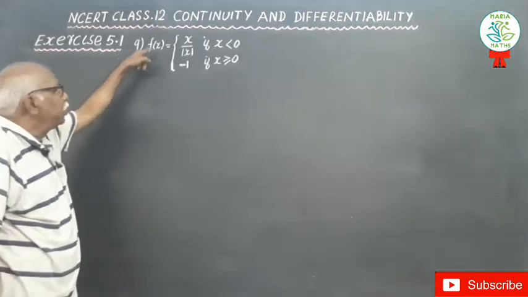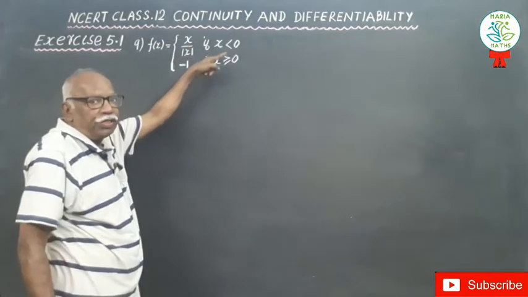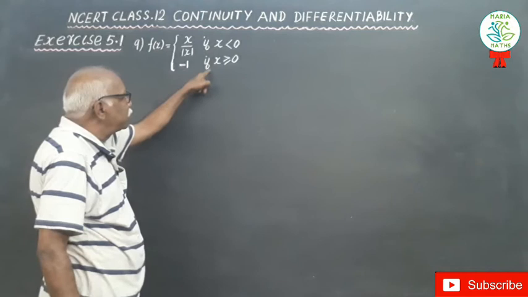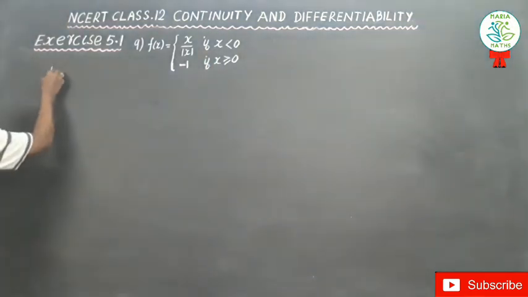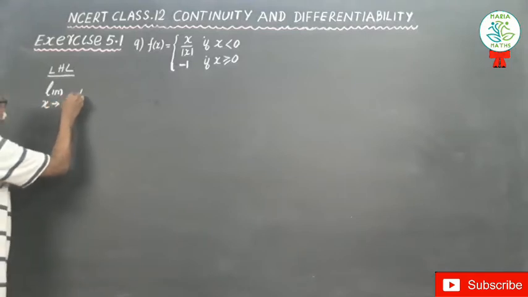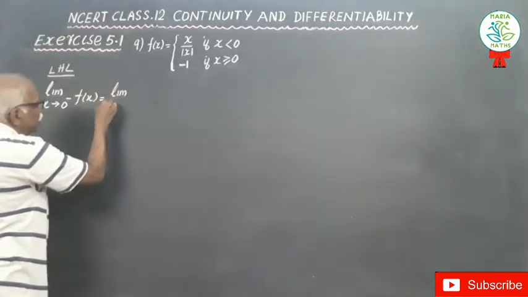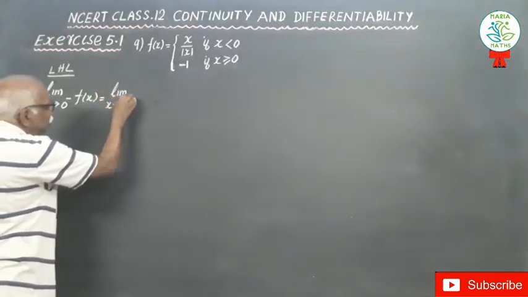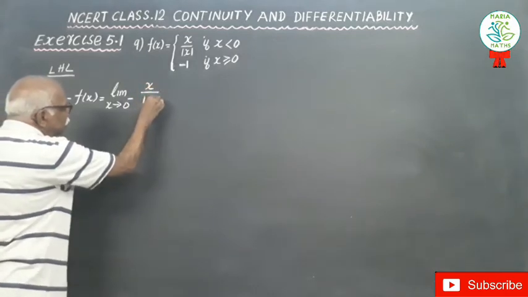9. f of x is equal to x by modulus x if x less than 0, minus 1 if x greater than or equal to 0. Find LHL. Limit x tends to 0 minus f of x is equal to limit x tends to 0 minus x by modulus x.